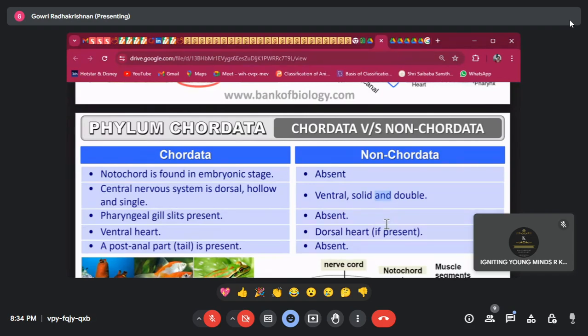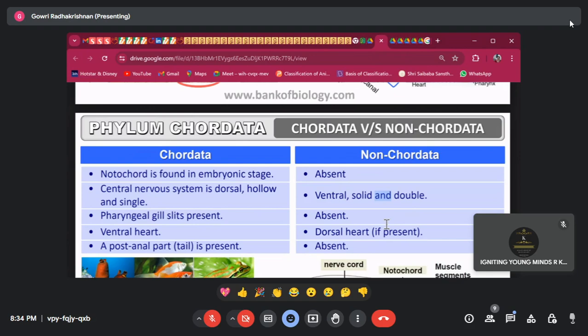Non-chordata, it is absent. In chordata the heart is ventral, that is situated on the front side. Non-chordata, the heart is present on the back side, that is the dorsal heart, if present. Heart is not present in all the non-chordata organisms.